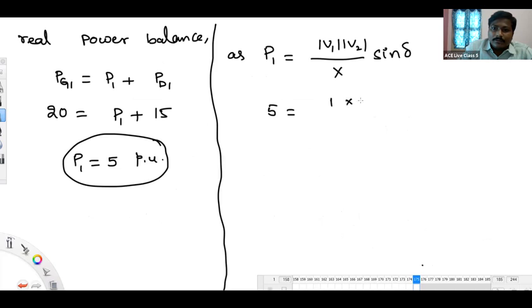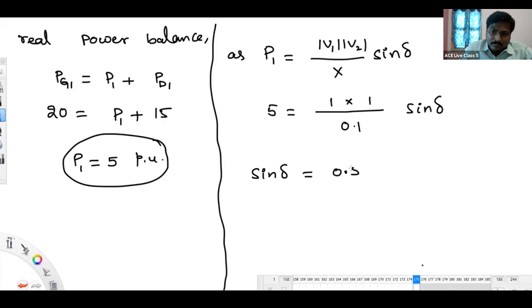V1 into V2, 1 into 1. How much is the X value? 0.2. So it is sine delta. What do you get for sine delta from this? 0.5 per unit, and delta will come to be 30 degrees.